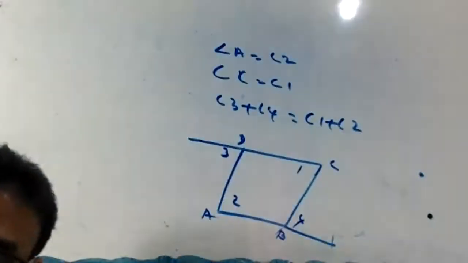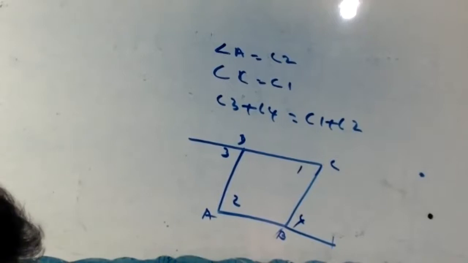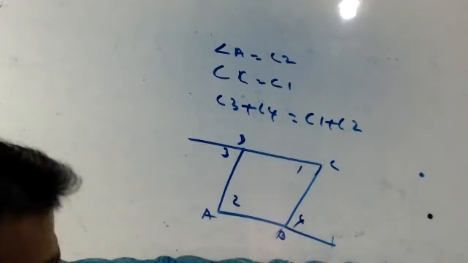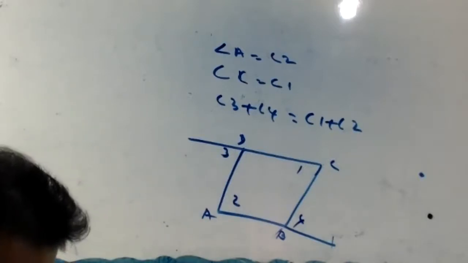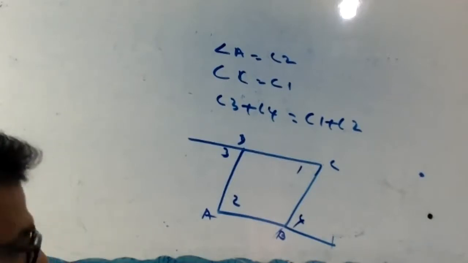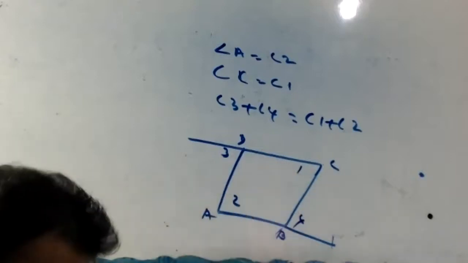Okay, this is a star question. Listen, once again I'll read. In figure, 3 and 4 are exterior angles of quadrilateral ABCD at point D and B respectively. Angle A equal to angle 2, angle C equal to angle 1.